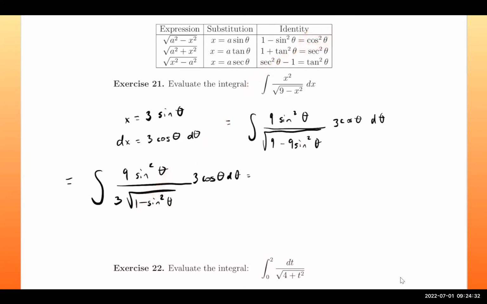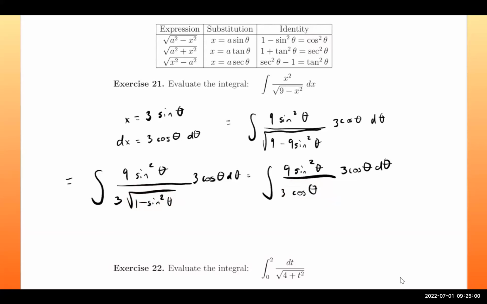That's substitution. And then when you take the square root of cosine squared, you get cosine. So finally, our integral will look like this. So once again, what I did here, I replaced this with cosine squared theta. But when you take the square root of the square, it becomes just cosine.